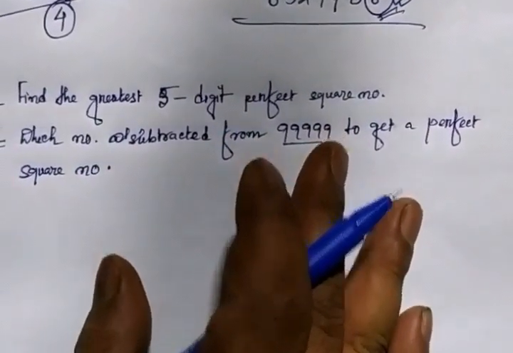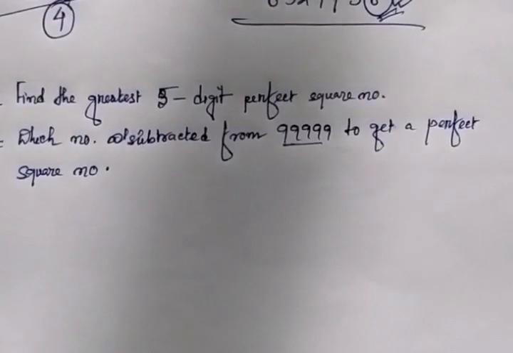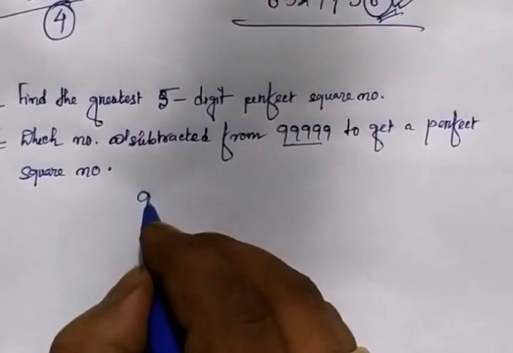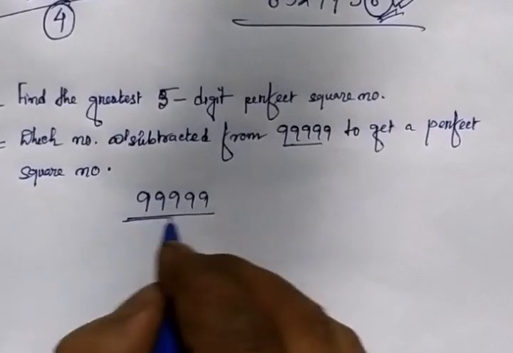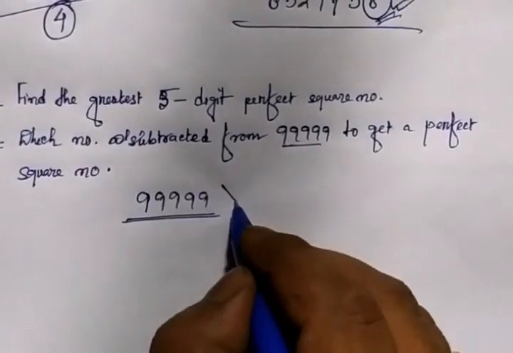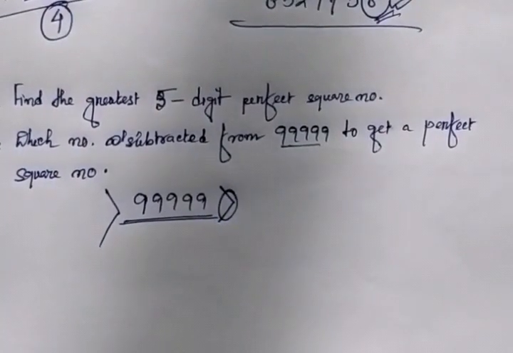These two questions are the same, because the greatest 5-digit number is 99999. So the greatest 5-digit perfect square number cannot be greater than this number, and if we add something, it becomes a 6-digit number.